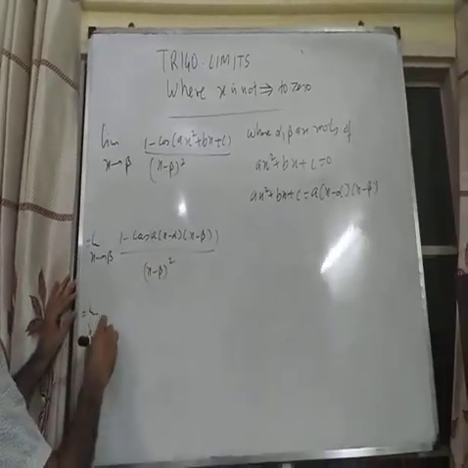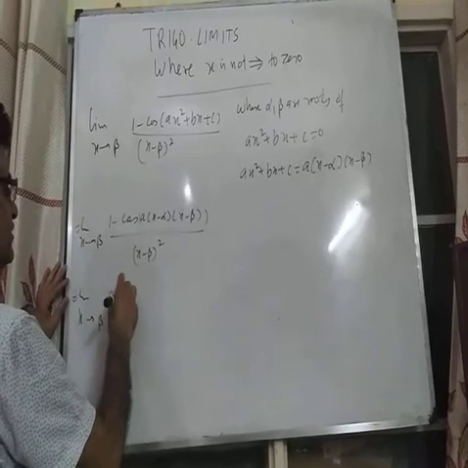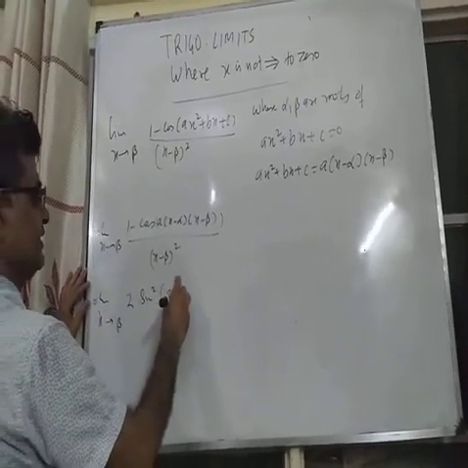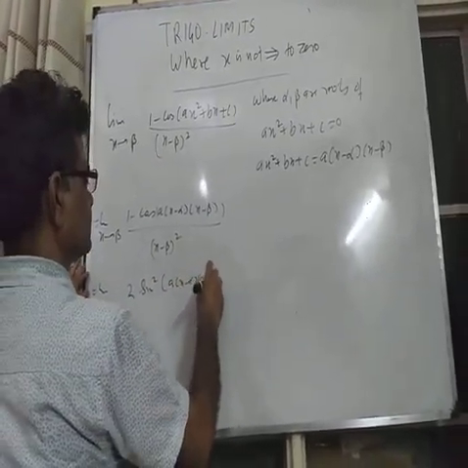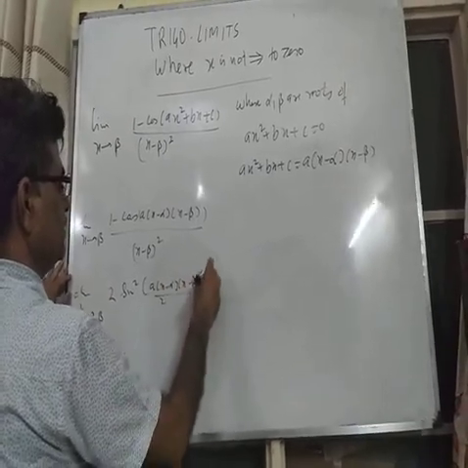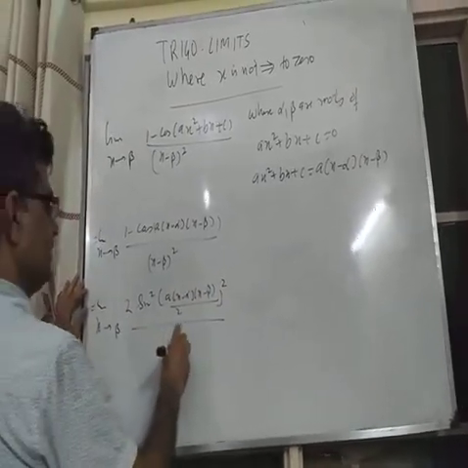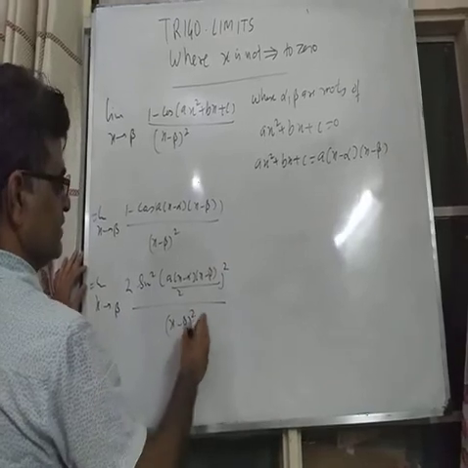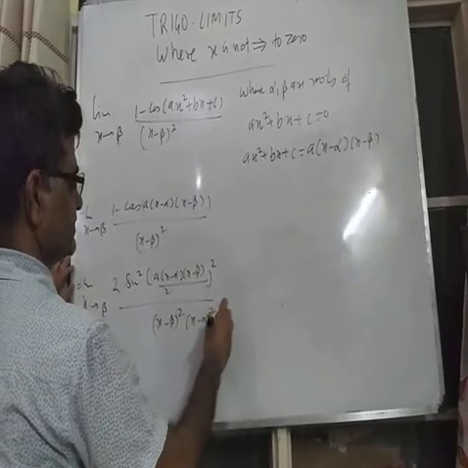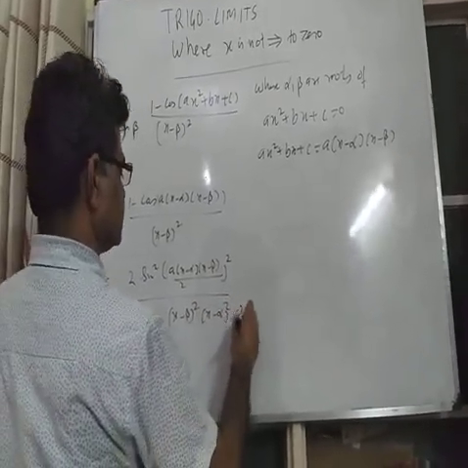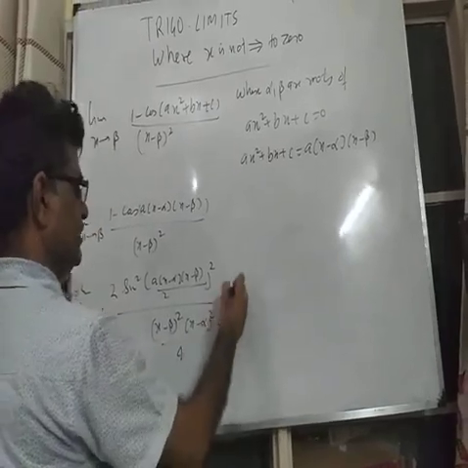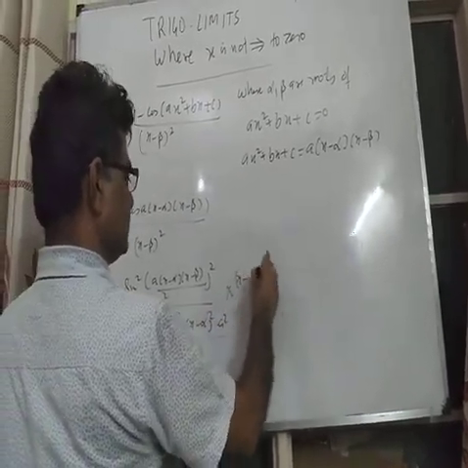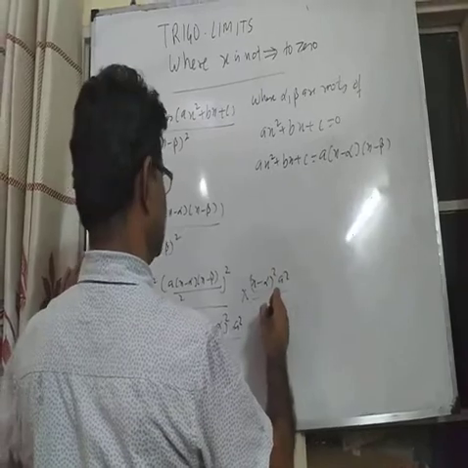So limit x tends to beta, this is going to be 2 sine square of a times x minus alpha, x minus beta upon 2, whole square divided by x minus beta whole square. So we are putting this a square by 4 and multiplying it by this x minus alpha whole square a square by 4.